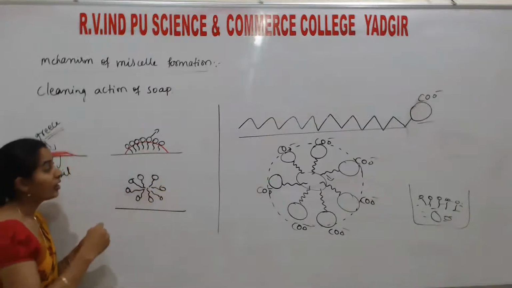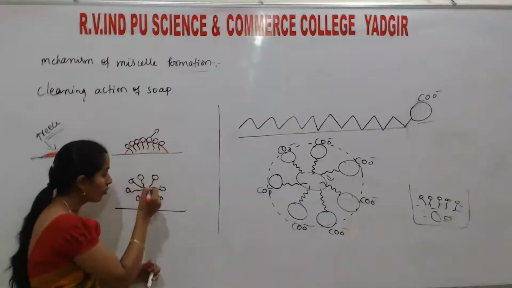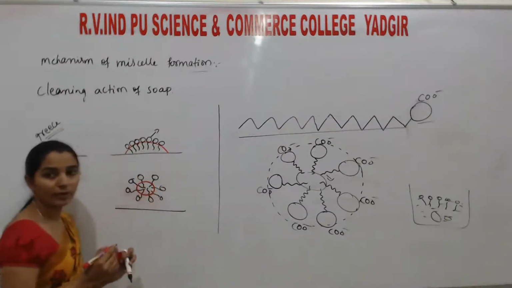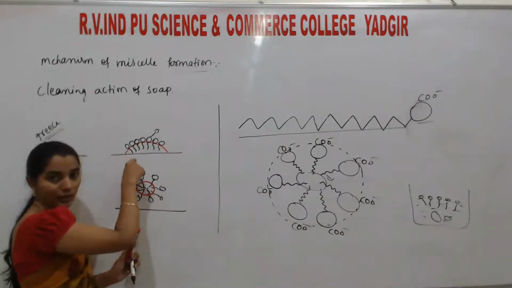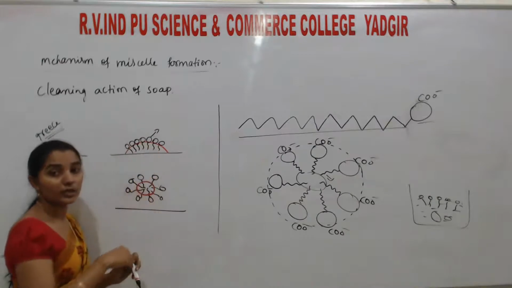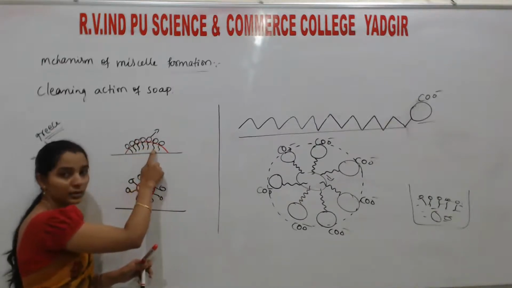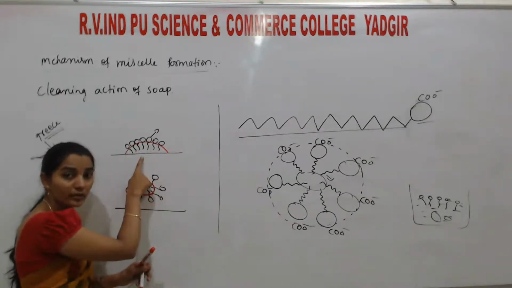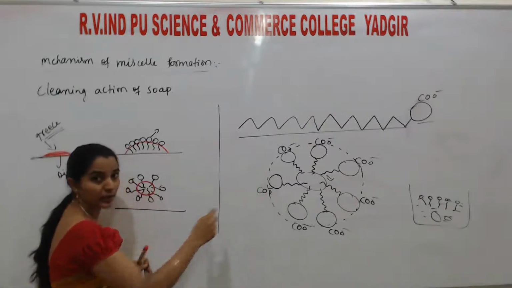Okay, so along with this hydrophobic group, this dust particle is also removed from the fabric. So these have more affinity towards water. So they pull up this hydrophobic group from this cloth fabric to form a micellar spherical structure.